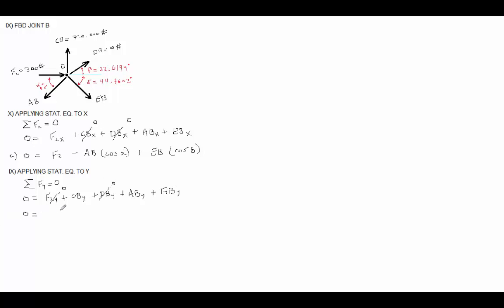That means 0 equals CB minus AB times sine alpha minus EB times sine delta. That equation also has two unknowns, and so we just need to label it and move on.